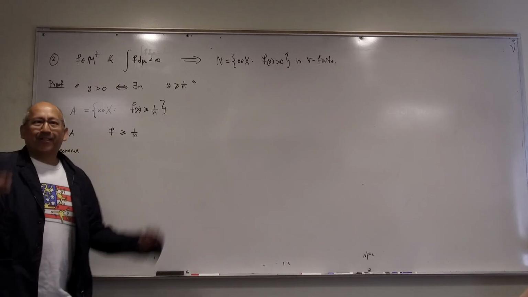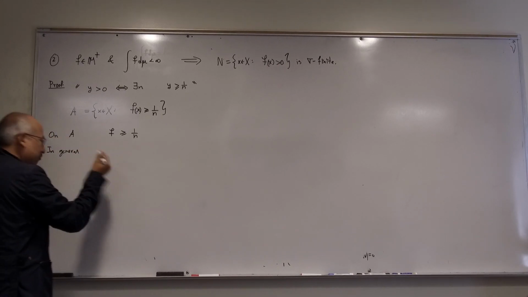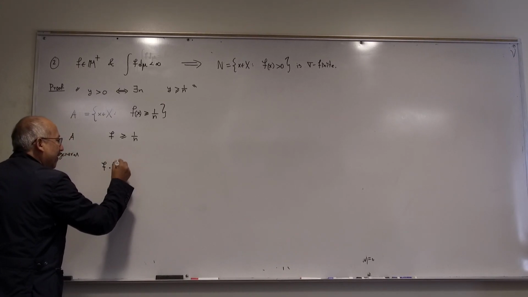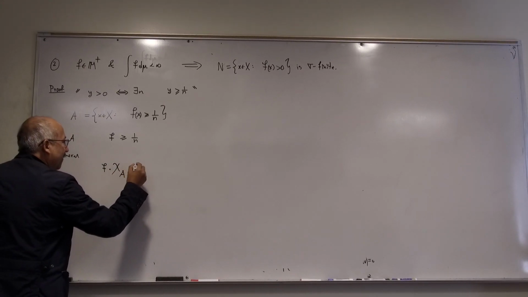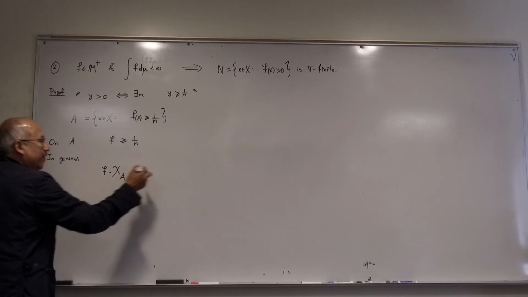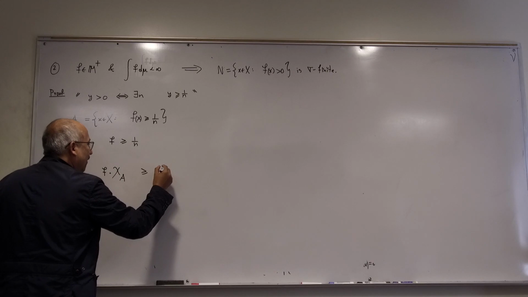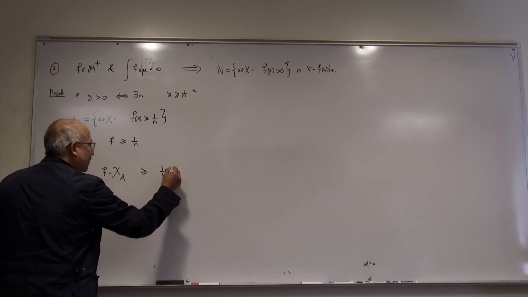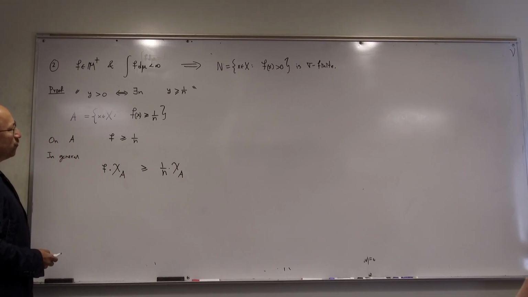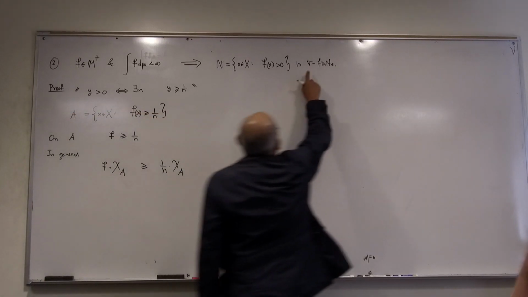See, you're getting it. You're going to ace this test. Look, just follow it. F times the characteristic function of A is greater than or equal to, I'm going to be careful, I'm going to leave a little bit of room, 1 over n times the characteristic function of A. And you say, so what do we want, Professor? We want to show that this is sigma finite.